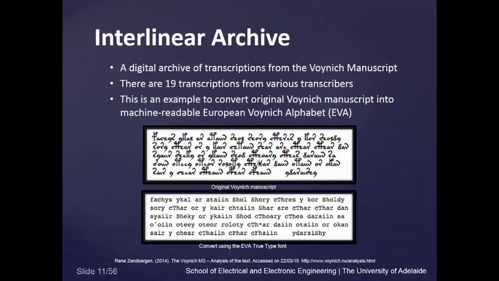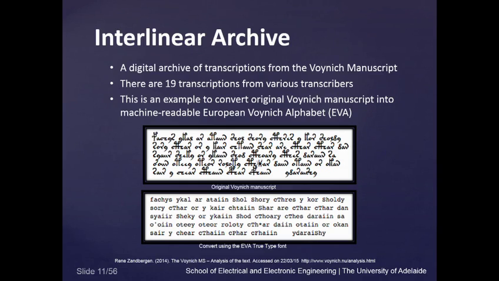So we want to analyze the manuscript with modern methods, like using a computer. But this is an unknown language, so no one can read or write it, and we cannot type these words into a machine. So we need to convert this alphabet to a machine-readable alphabet.